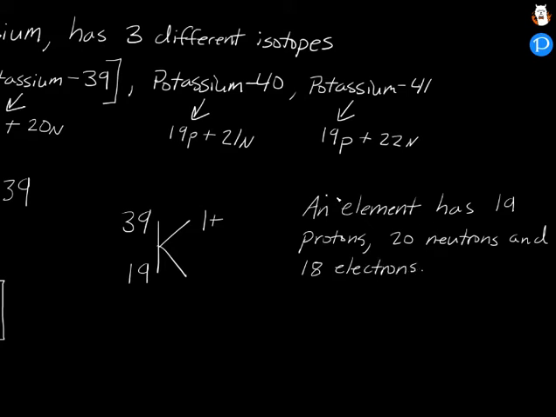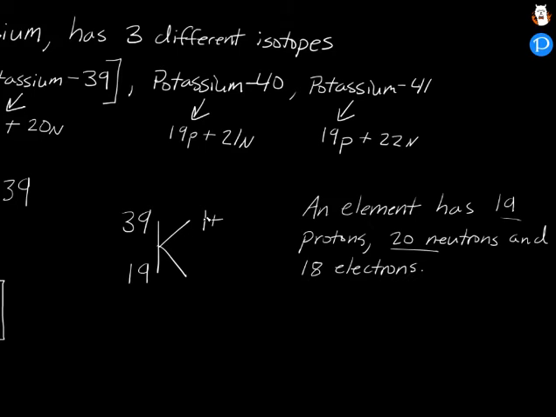And maybe the question will say, okay, write down what the symbol is. Write down what the isotope is of what they're explaining. So all they say is 19 protons, 20 neutrons, and 18 electrons. Okay, well, I know that when I write this out, I've got my 19, which is the number of protons, and then 19 plus 20, 19 and 20 gives me the mass, and we write those like this.